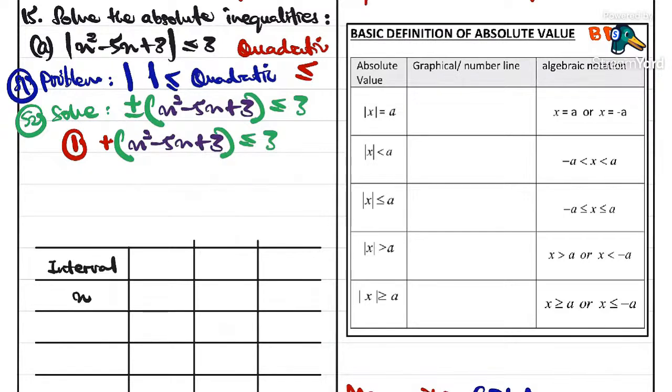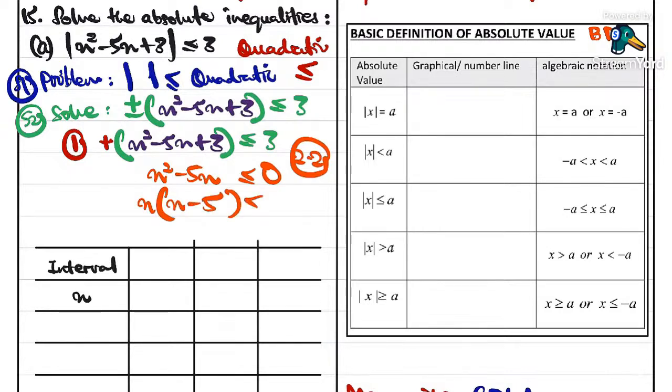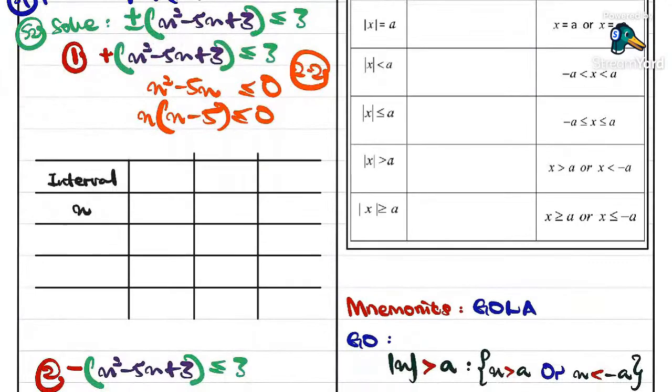Di sinilah bermulanya ilmu TOS. This one must be equal to 0, and so you gotta minus 3 both sides, and hence it will give you x squared minus 5x sahaja. And so when you factorize it, you will get x minus 5 less than or equal to 0. So I want you to do this TOS by yourself, okay?